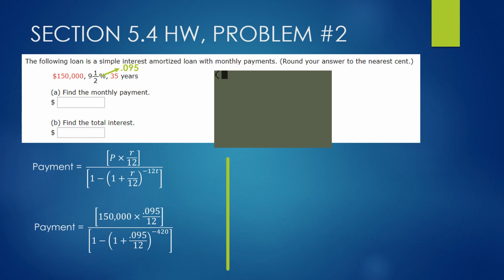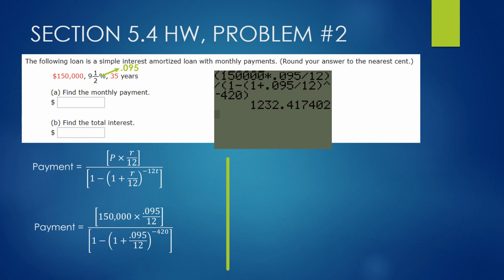Parentheses around the top, 150,000 times 0.095 over 12, close those parentheses around the top, divided by, parentheses around the bottom, 1 minus, parentheses again, 1 plus 0.095 over 12, raised to the negative 420 power, then close those last set of parentheses. All right, so there is our monthly house payment.